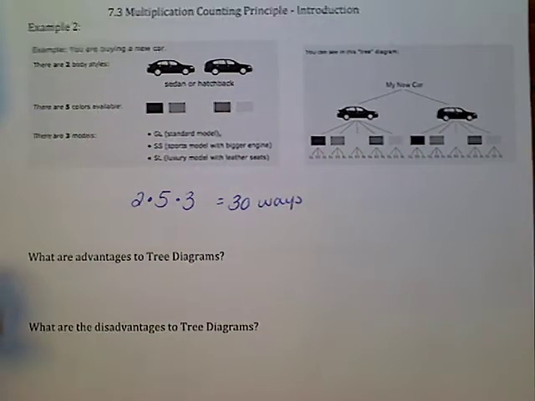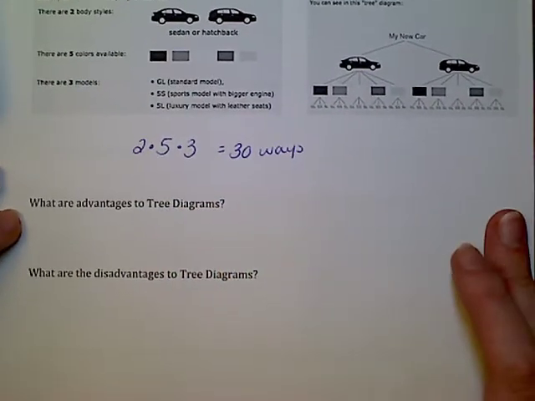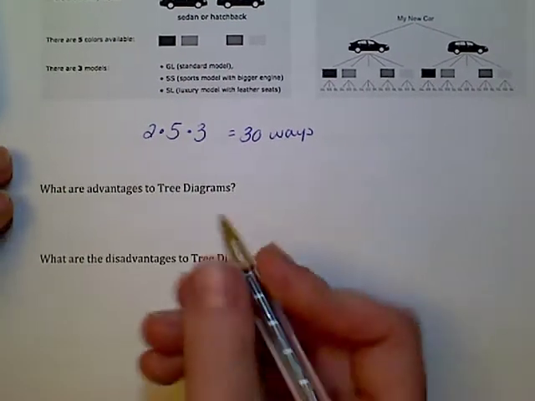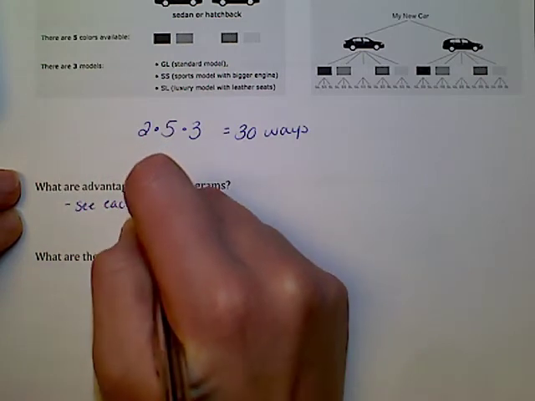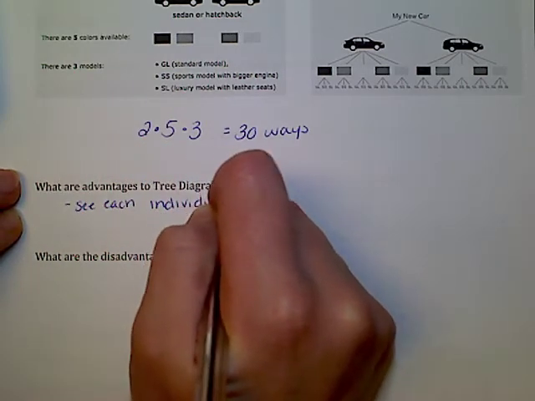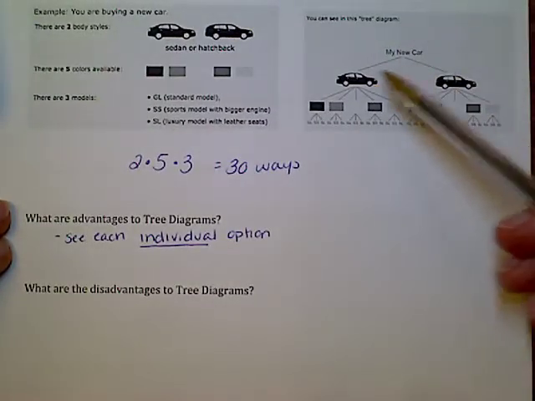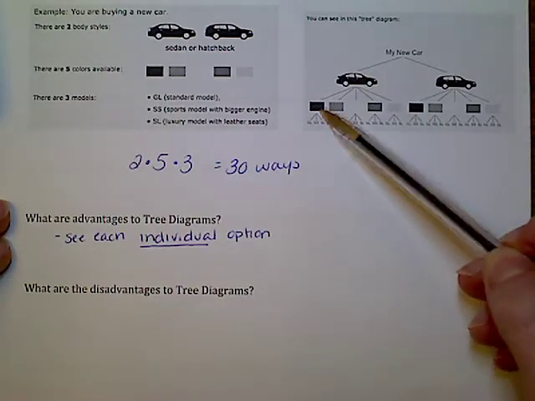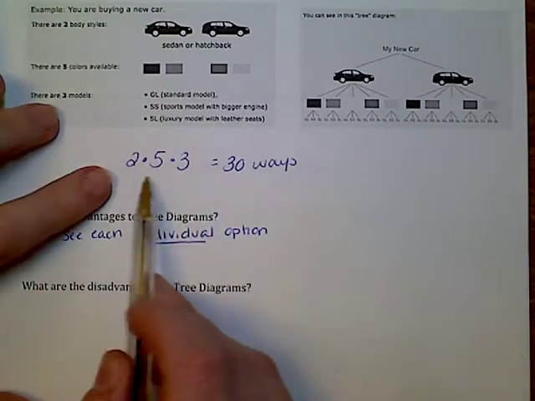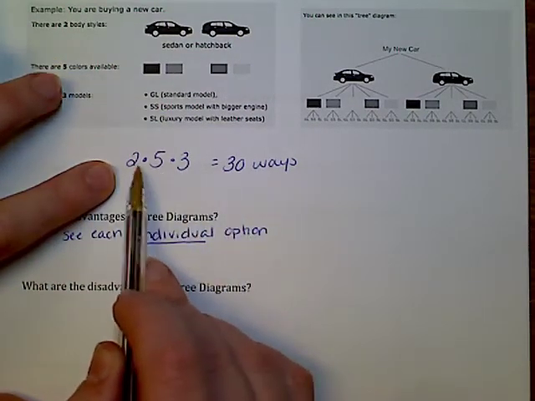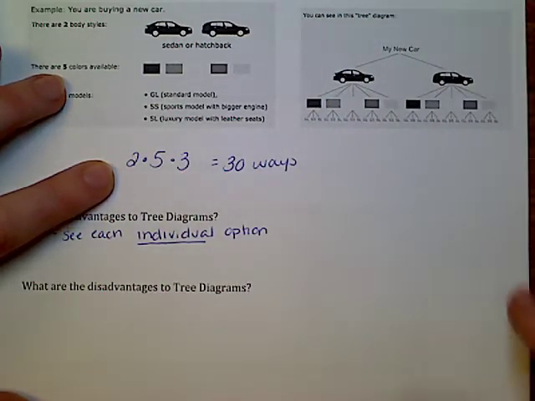Now, the multiplication counting principle is great, but it doesn't mean that tree diagrams go out the window. It doesn't mean that tree diagrams aren't important. The nice advantage to a tree diagram is that you see each individual option. You can actually see, okay, I can have a sedan in this color with that model. You can see each individual option. Whereas when you're just using the multiplication counting principle, the 2 times 5 times 3, you don't actually see all your individual options.